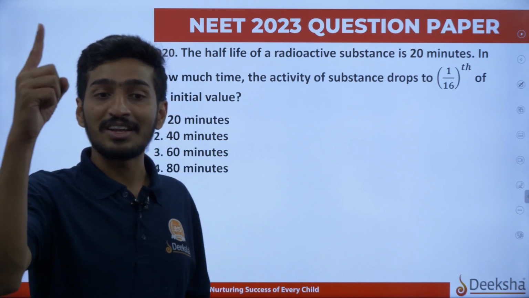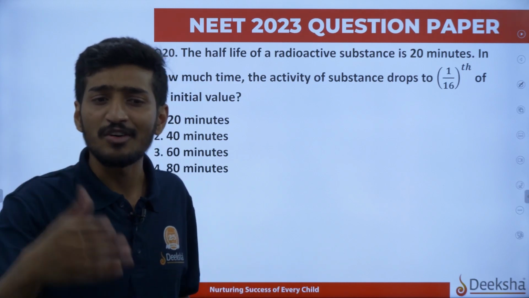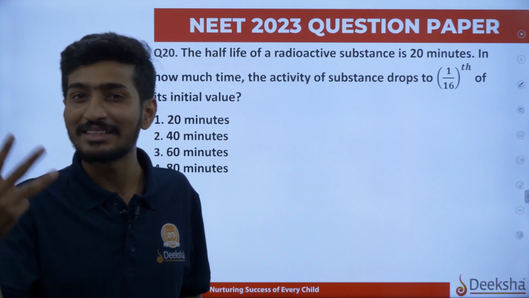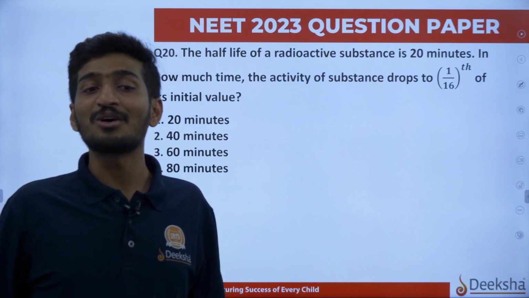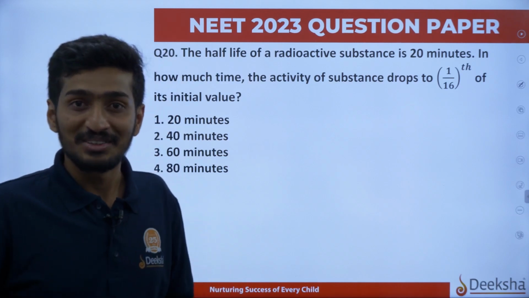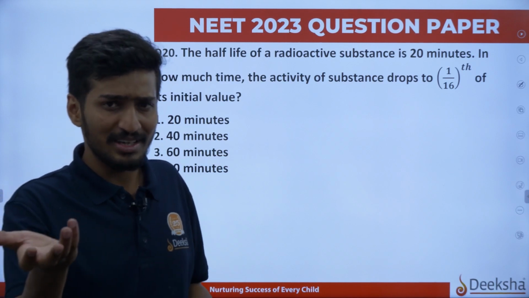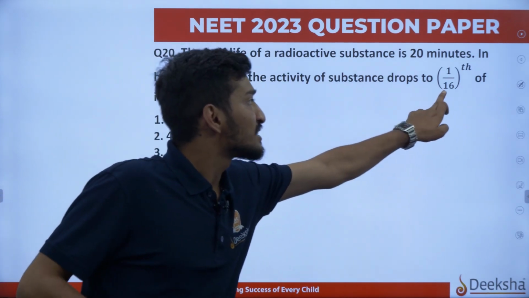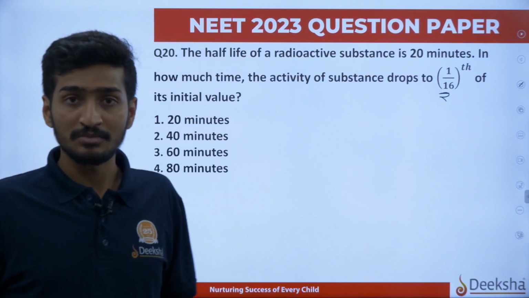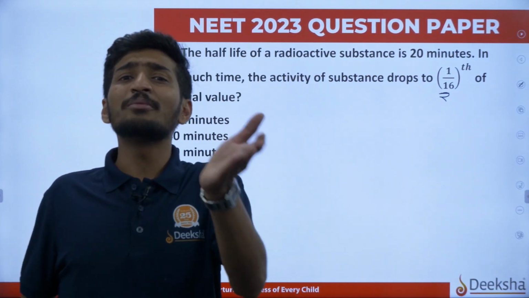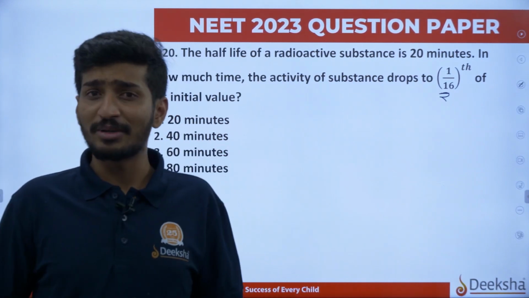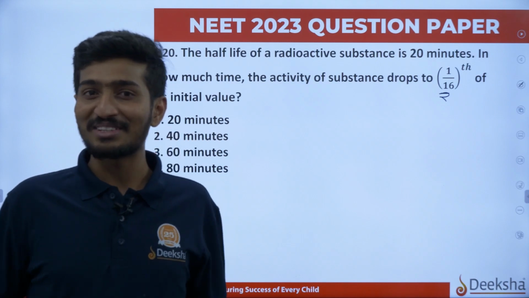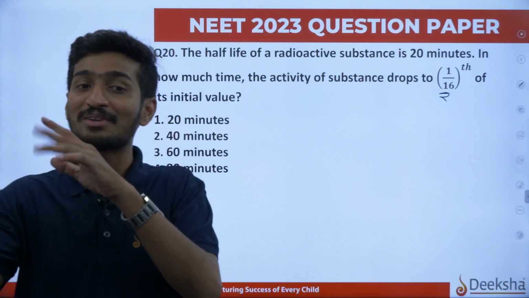You take a sample, half-life is a minute, let's say. Within a minute, half of it is gone. Within 2 minutes, 1/4 is left. Within 3 minutes, 1/8 is left. Okay, understood? So let's see. 1/16th is what is left now. That's the activity. So how many half-life cycles must have been done? I think you can see this now. 1 by 2 to the power something.